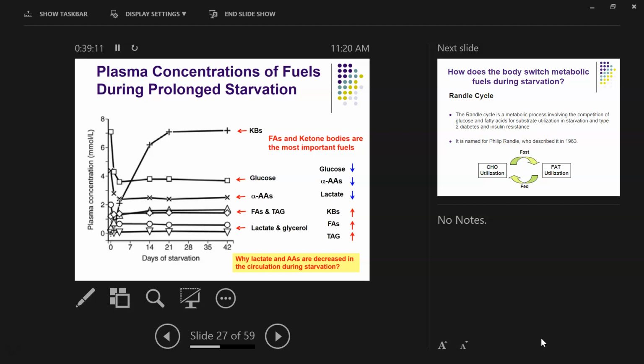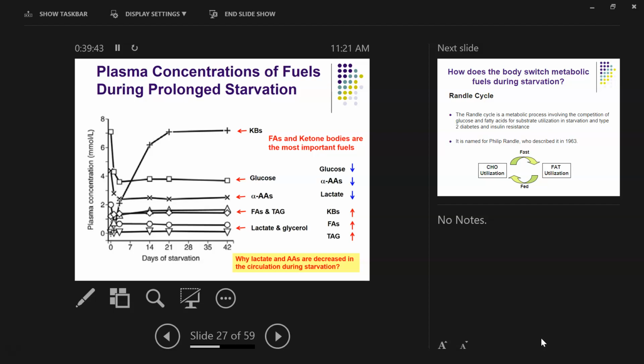The ketone bodies start to increase 2 days after starvation, and increase a lot and maintain very high levels during these days of starvation. I'm not sure that we are still able to survive such a long period of starvation. But anyway, they keep a very high level for a very long time, right?